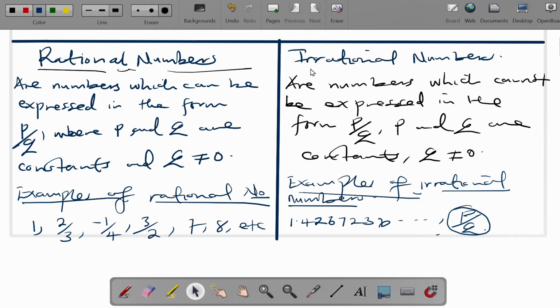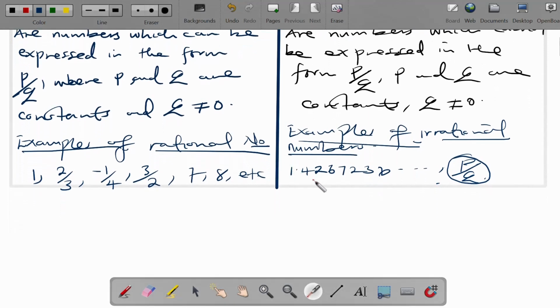Then on the other hand, irrational numbers are numbers which cannot be expressed in the form of P divided by Q, and still P and Q are constants, and Q, which is the denominator, should not be equal to 0. We can have examples. If I have a number as 1.4267236, it goes on.